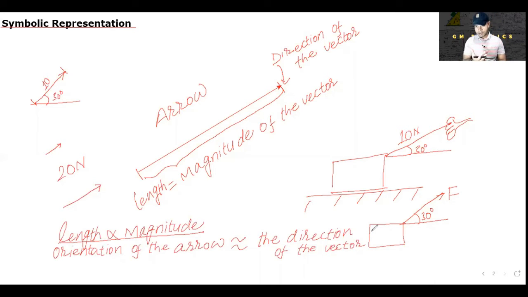It can be a displacement vector, velocity vector, force vector, a torque vector, angular velocity vector. Whatever vectors you have, all of them will be represented by an arrow.